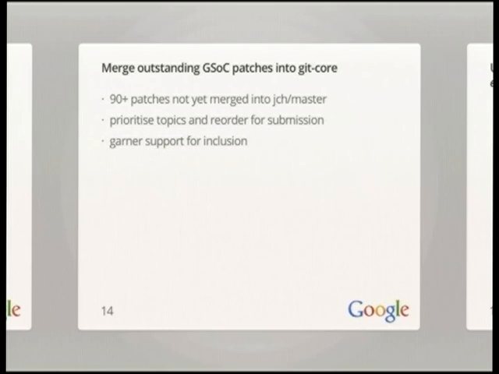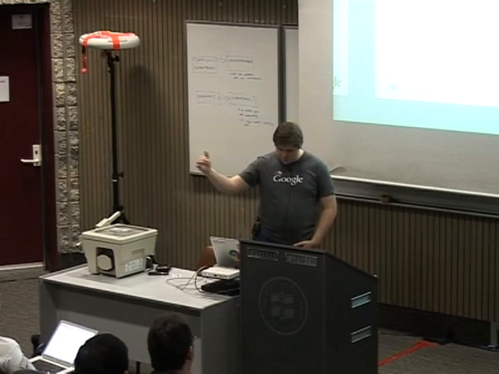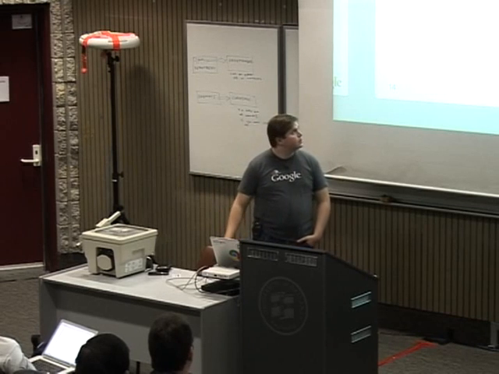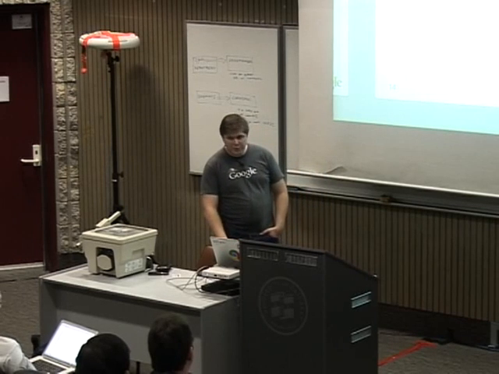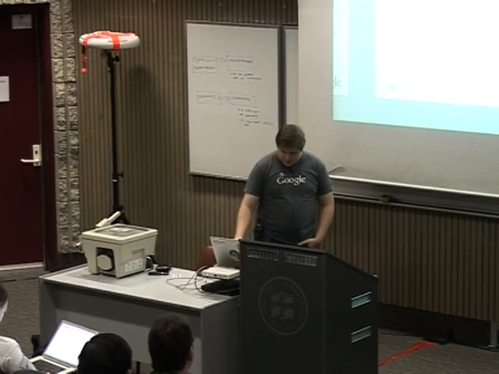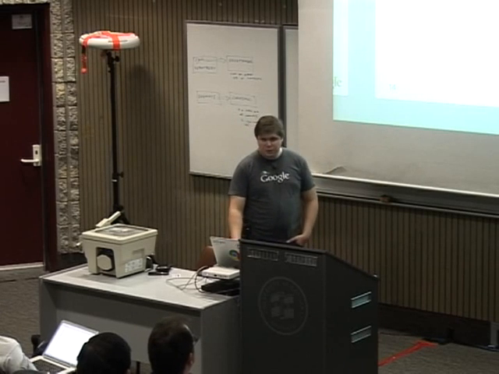So my first outstanding task is to prioritize the work that's already been done and try to reorder the patches so that the high priority patches come first, and then campaign for support within the Git community to get those merged in. Yeah, that's hard. I have written some nice tools for doing this.